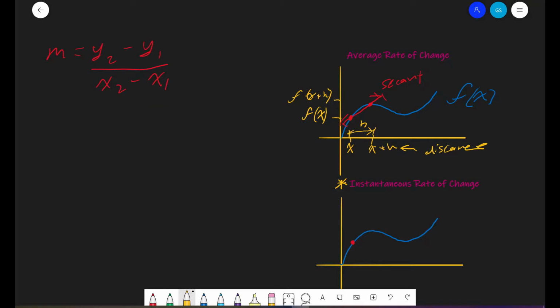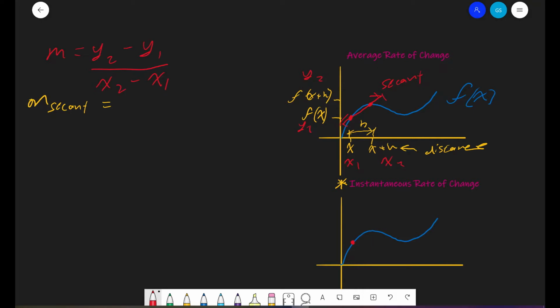The m, and I'm going to call the secant, or you can write m average rate of change, equals y2 minus y1. In this case, f of x plus h can become y2, f of x can become y1, x can become x1, and x plus h can become x2, right?